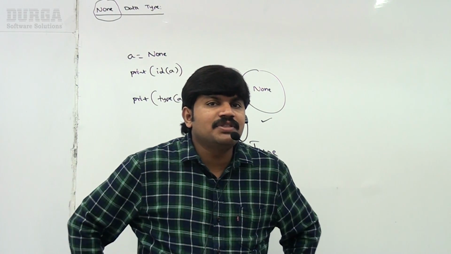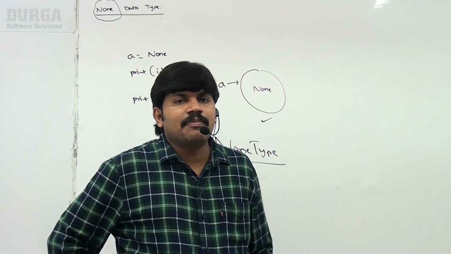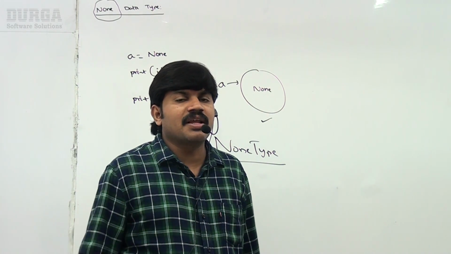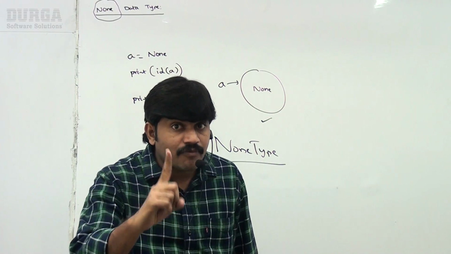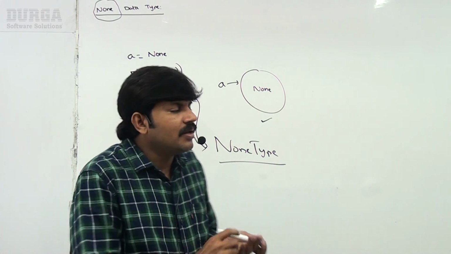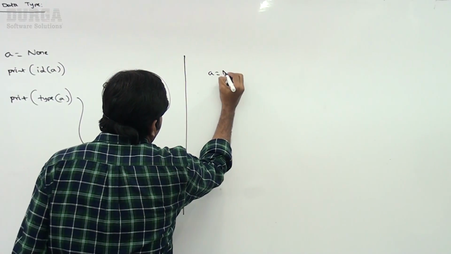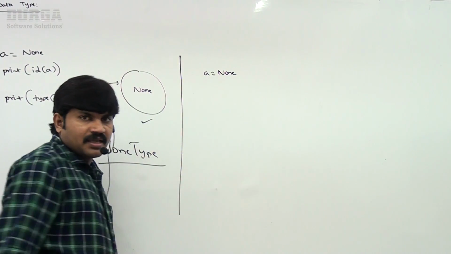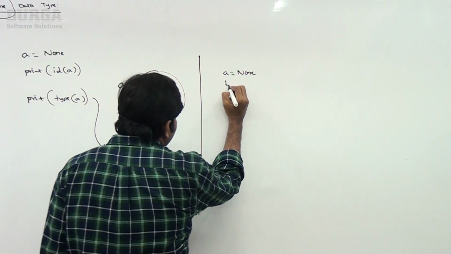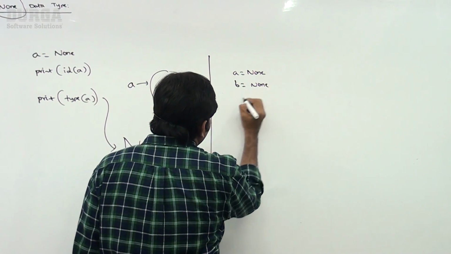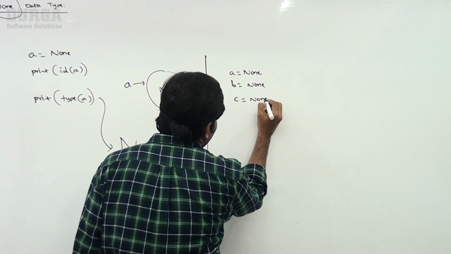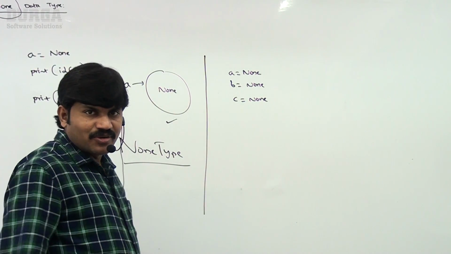So how many none objects will be there inside Python? Inside the Python virtual machine, how many none objects will PVM create? Only one object. Where is the proof for that? Observe carefully. A is equal to none, B is equal to none, C is equal to none.